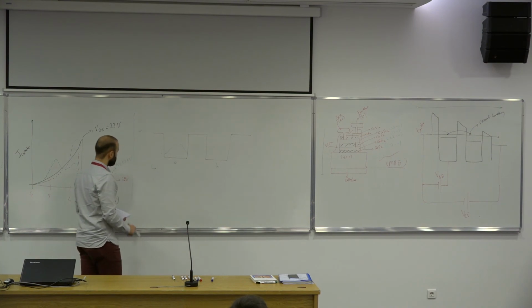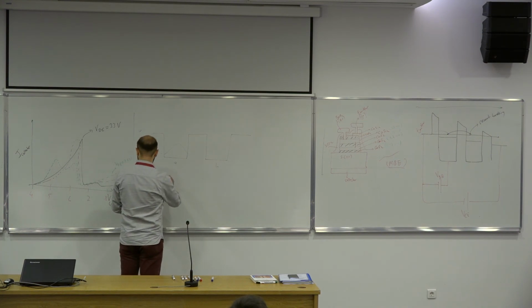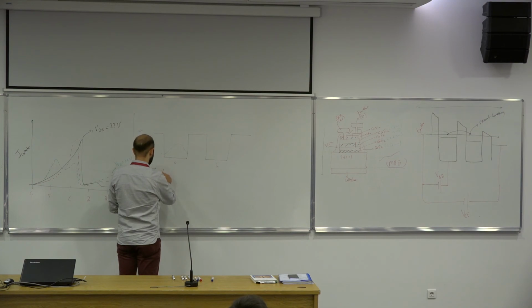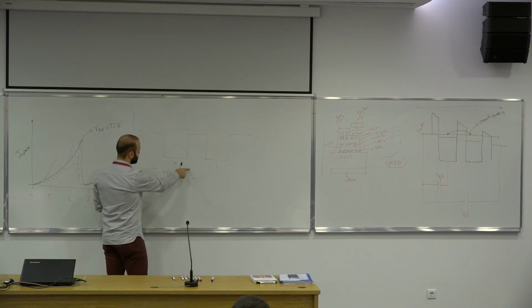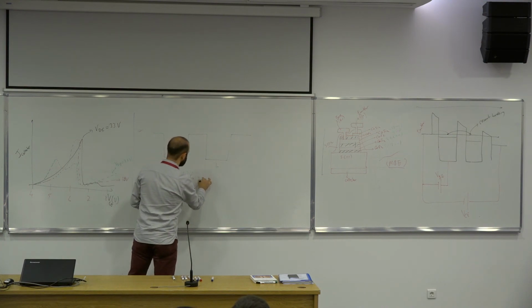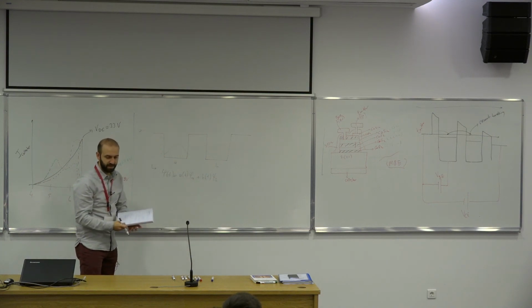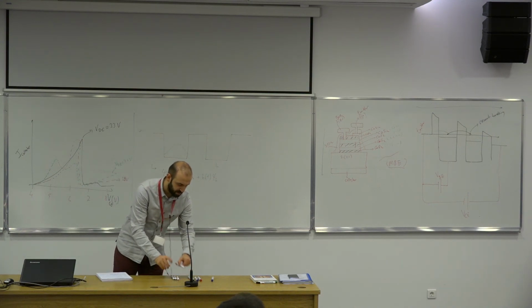So the overall wave function of the system can be written as such. I'm going to have some time-dependent amplitude a(t) times the wave function in A plus some b(t) times the wave function in B. So the idea is this.